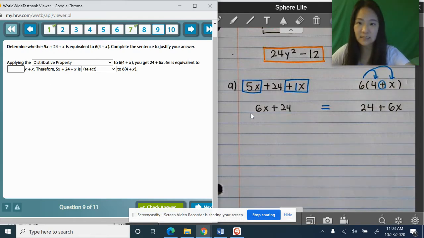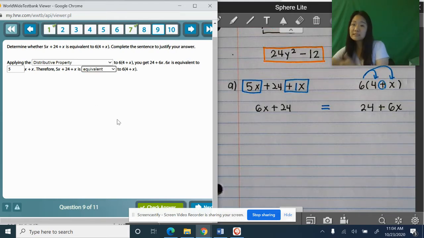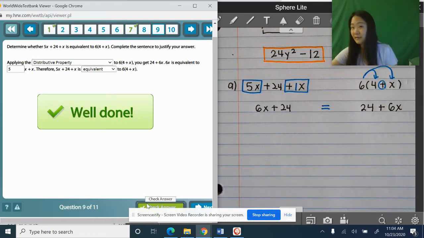The 6x that you got right here is equivalent to 5x plus 1x. They're referring to these two numbers here, 5x plus x. Therefore, 5x plus 24 plus x is equivalent to 6 times parentheses 4 plus x. And that's correct.